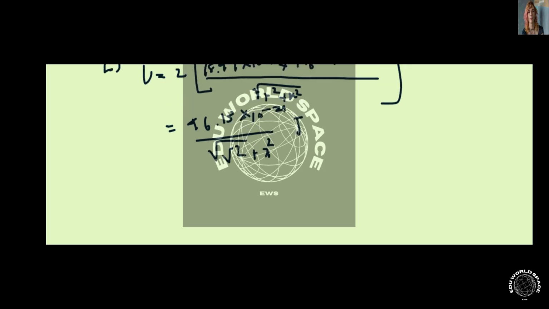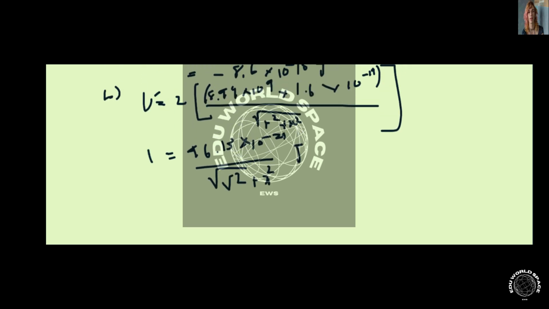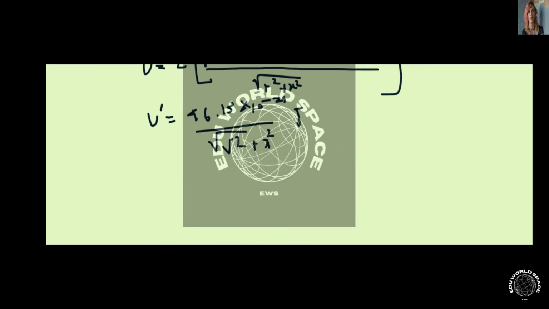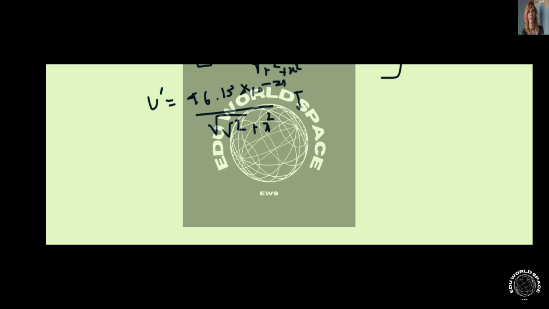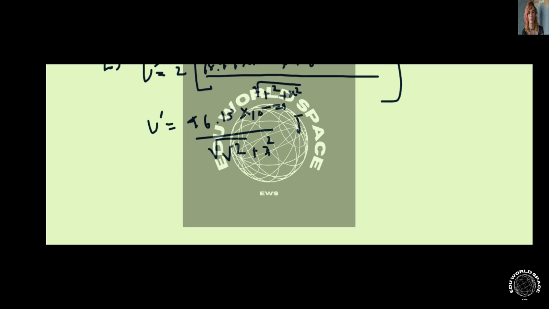Let me write potential prime so we can differentiate between the two potentials in the two parts. Now we know that the kinetic energy of the electron is equal to 1/2 mv squared, and we know all these constants.